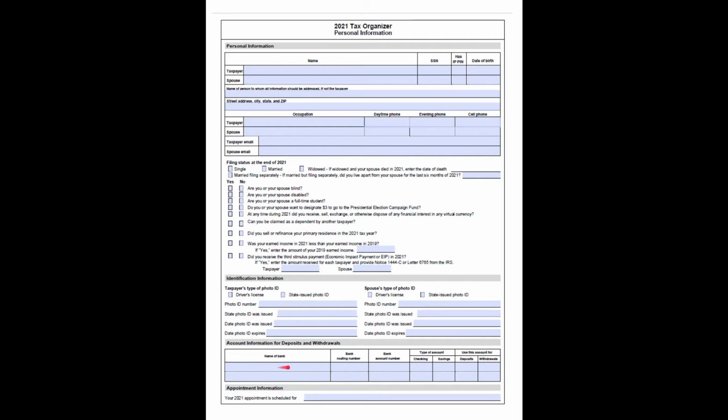When you put in your information, we do need you to indicate clearly in this section if, yes, I want a direct deposit of my refund, or yes, I want a direct withdrawal of my tax liability, or, vice versa, no, I do not. You're going to put that in there.